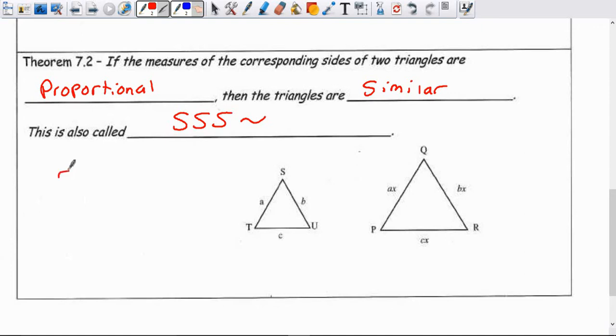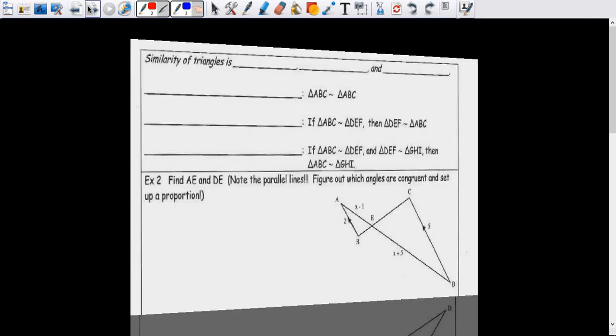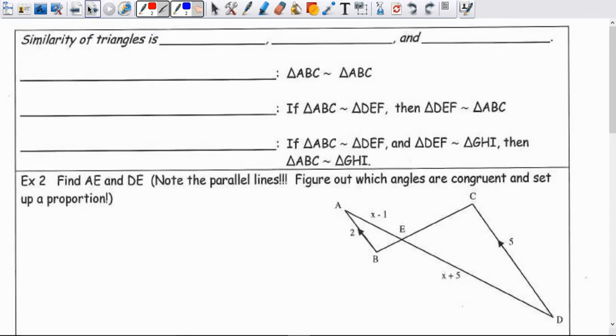So you would do A would match AX, then we would set that to B over BX in this case, and then lastly C over CX, because those are the corresponding sides for the triangles. All right? So if you have all three sides that match up like that with proportions, then it would be side-side-side similarity. All right. Next one.